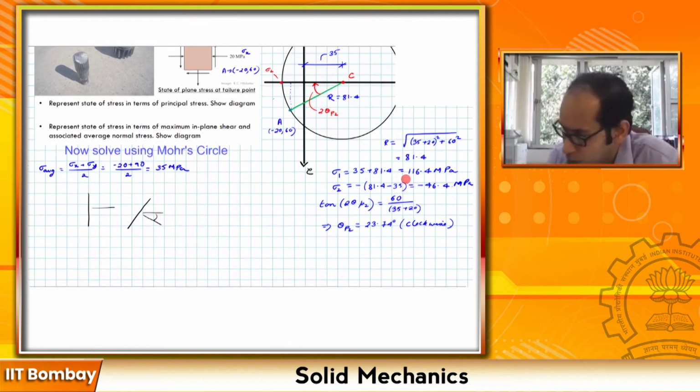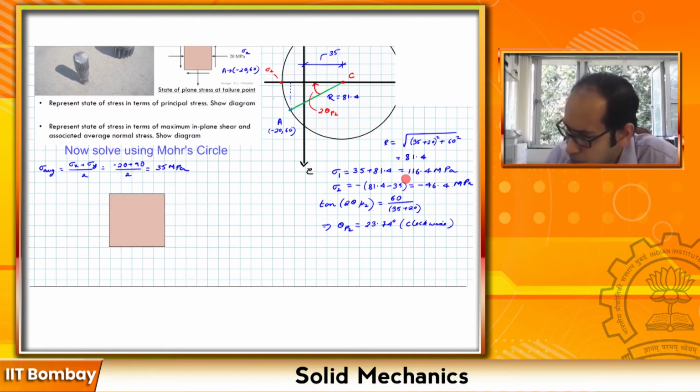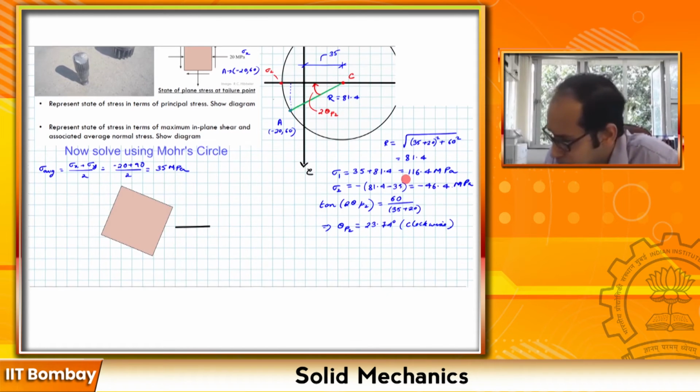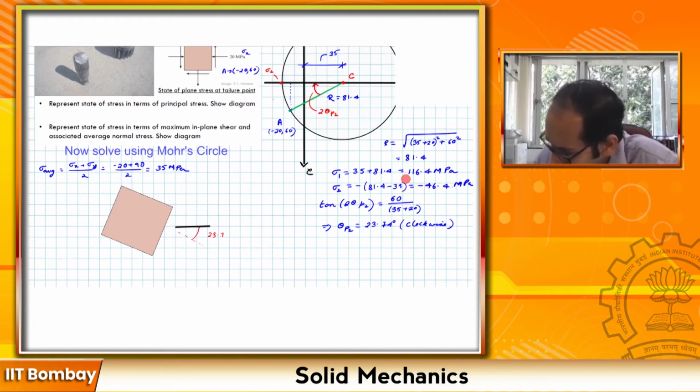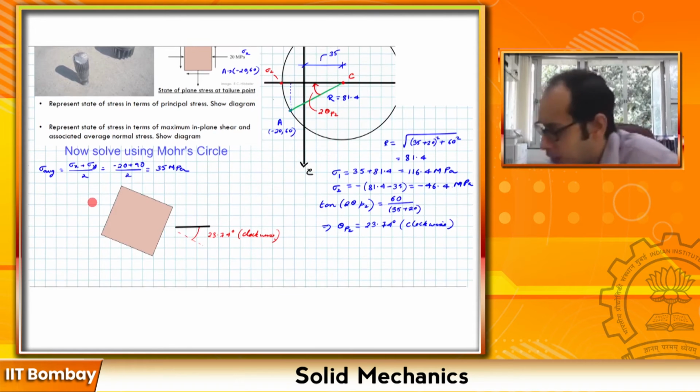Let me quickly erase that and draw the rotated element. So I have this 23.74 with a clockwise rotation, and here I know the stress is this one, minus 46.4. Once I know one of them, the other is going to be 116.4, and the other faces will be equal and opposite. Let's go ahead and mark that.